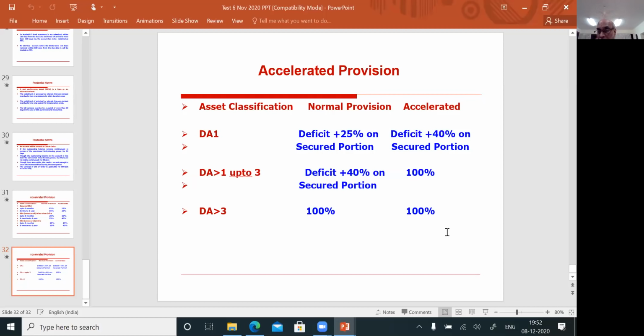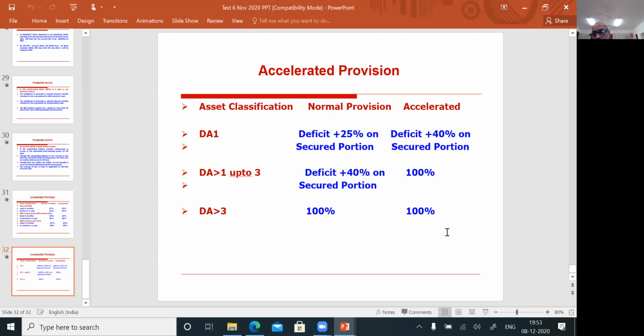That is, what is a DA, doubtful asset, first year. After 12 months, the advance will go to doubtful asset first year. What is the provision for DA1? 100% on the unsecured portion, 25% on the secured portion. That is the provision for DA1. So first 12 months, it will be in substandard. Then it will go to doubtful, or straight away to loss.